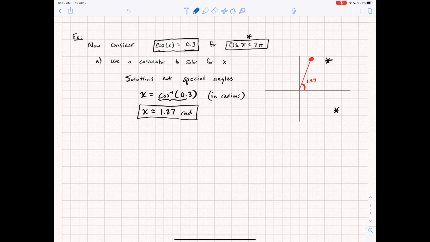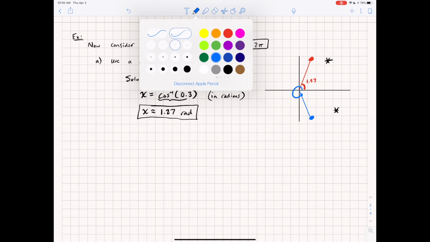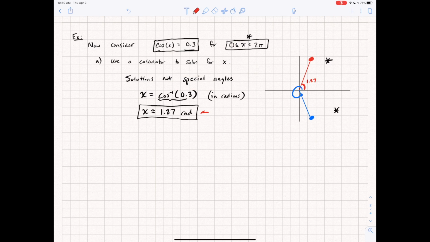Now my second solution would be going all the way around and finding the mirror image to that. So I need to figure out how to find it. What's really helpful is that regardless of it being positive or negative in a calculator, and I'll prove this point in the next example, what we just found right here is the reference angle.